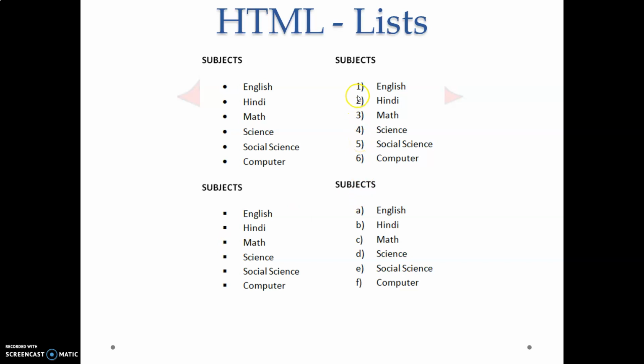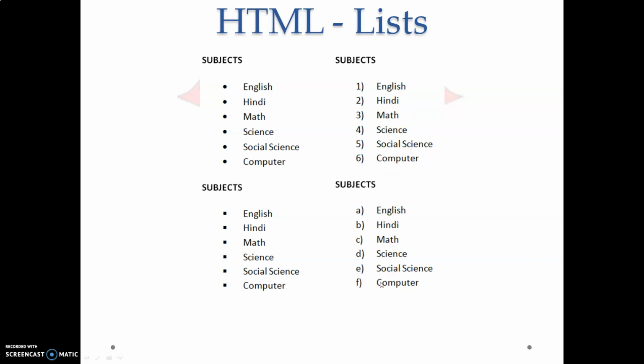In this we have numbers, and in this we have alphabets. These all are lists, but these are known as unordered lists and these are known as ordered lists.